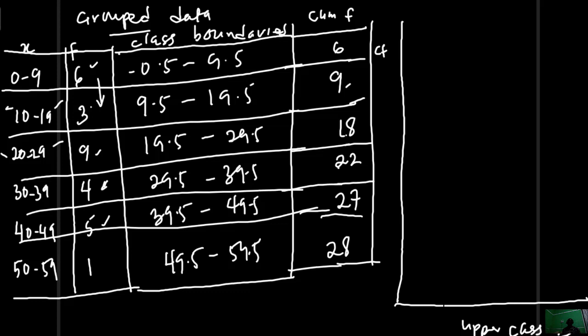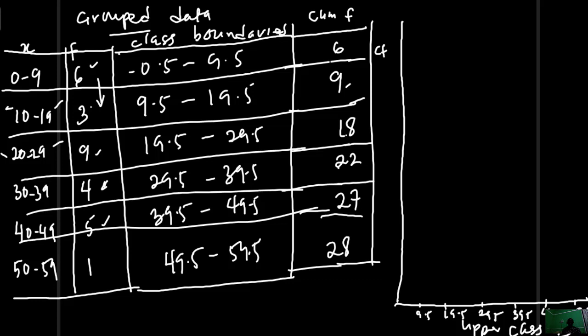You can use lower class boundary, but it's better we use the upper class boundary. So we start here: 9.5, 19.5, 29.5, 39.5, 49.5, then 59.5.